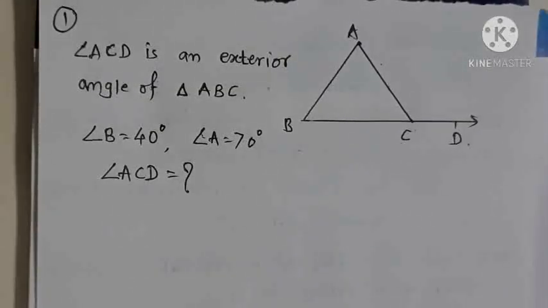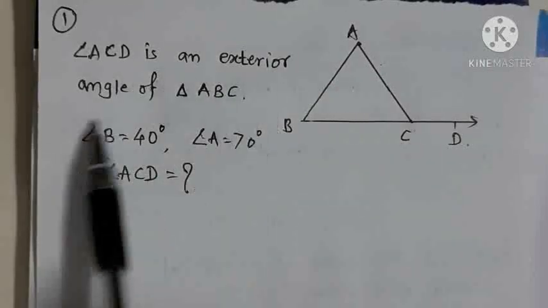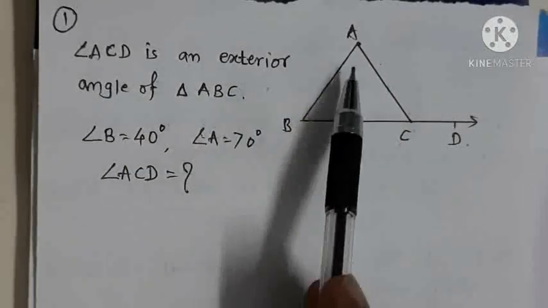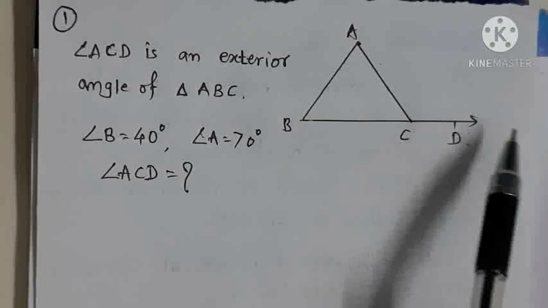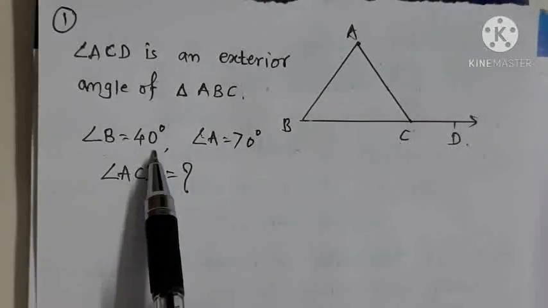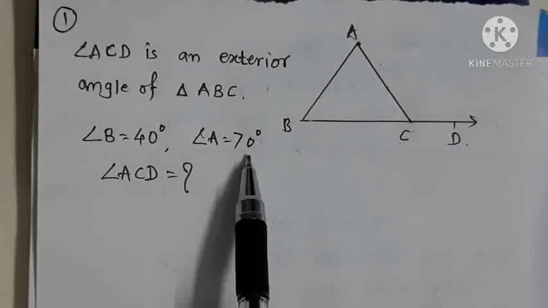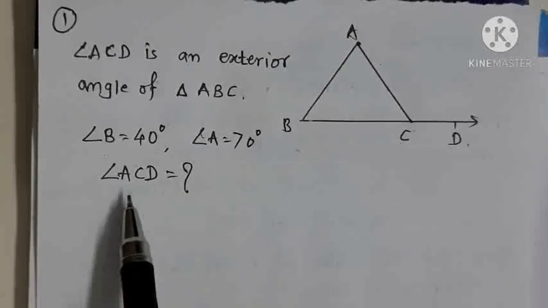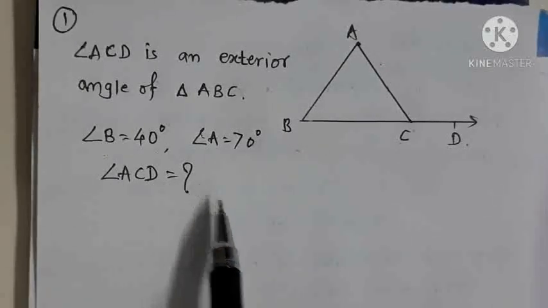Now, we solve some examples on practice set 3.1. In example first, angle ACD is an exterior angle of triangle ABC. Also given that angle B is equal to 40 degrees, angle A is equal to 70 degrees. Find the measure of angle ACD.